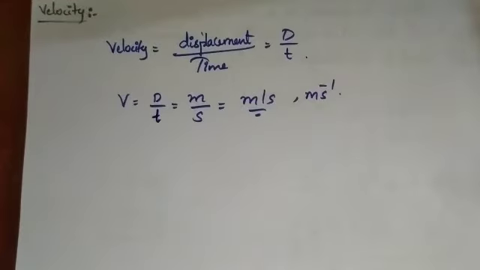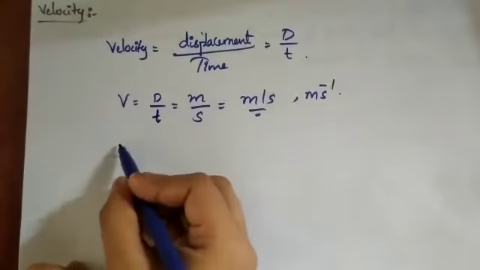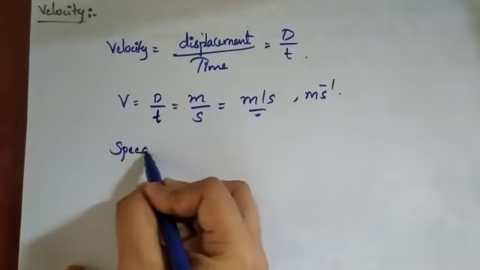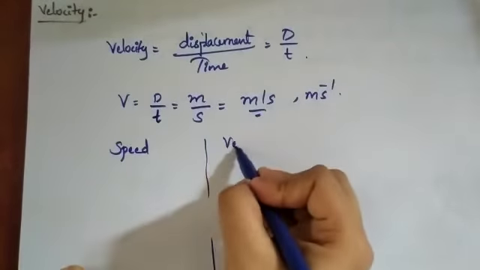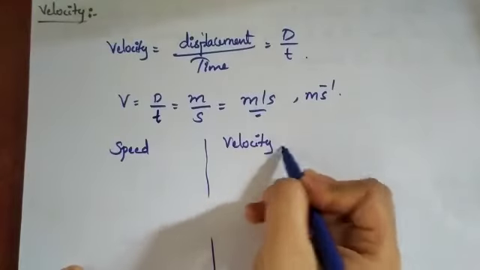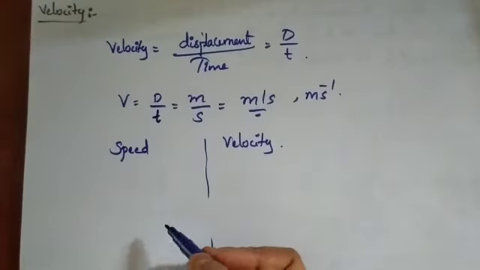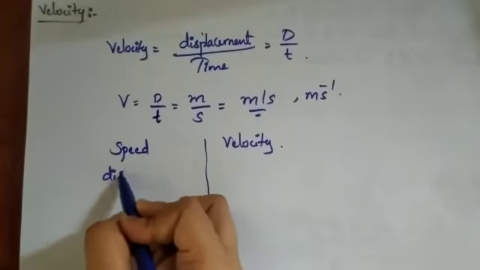Next, there will be a question of the same kind. Previously we did the difference between distance and displacement. Same thing here, there will be a question to differentiate between speed and velocity. Speed is the distance by time taken.